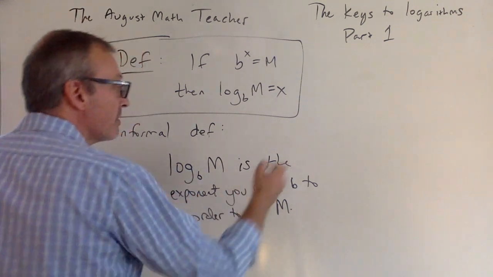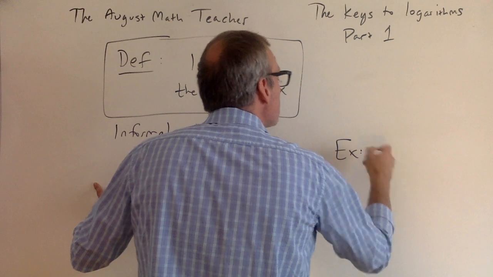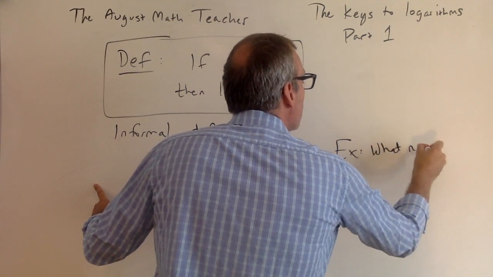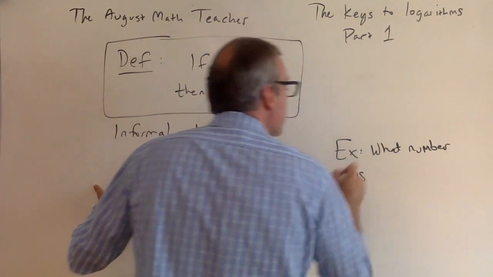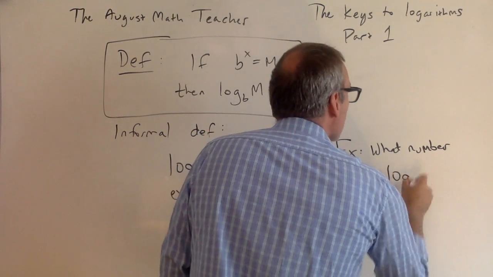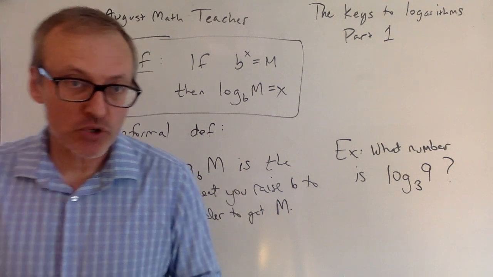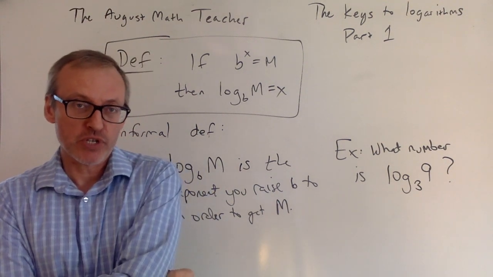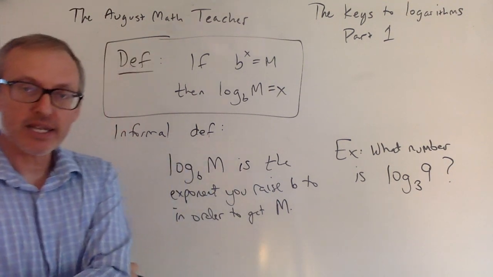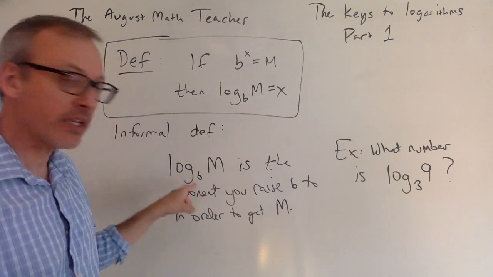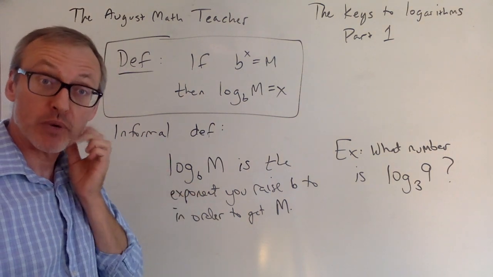And here is an example of this. What number is equal to the value of the log base 3 of 9? This is a really good example to think about first in understanding logs. What I expect you to do is to look carefully at this informal definition and think about what it says.